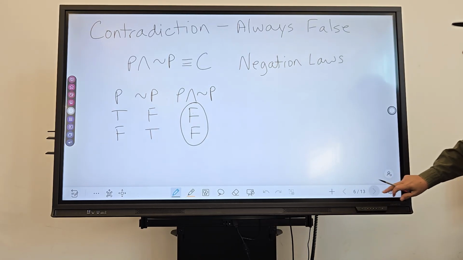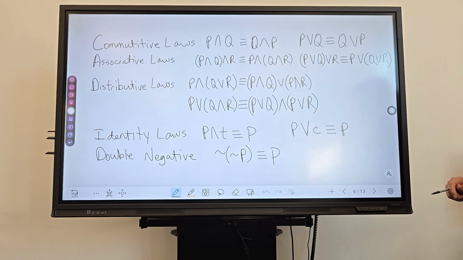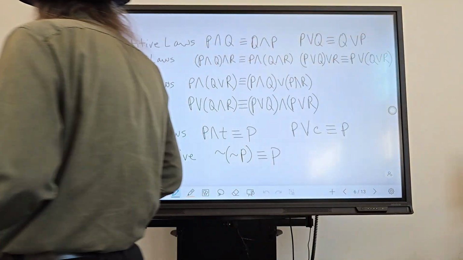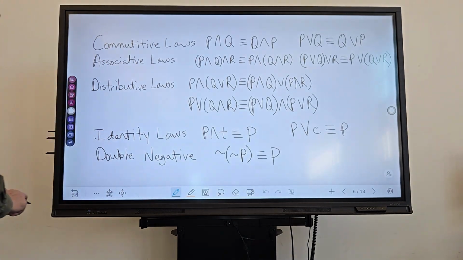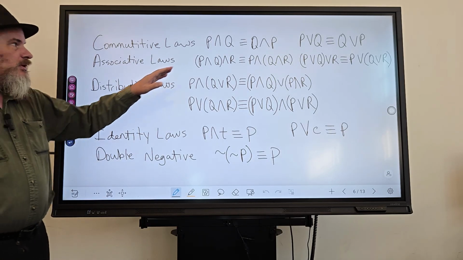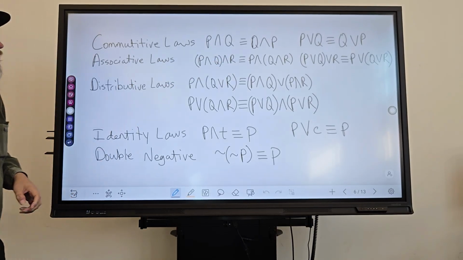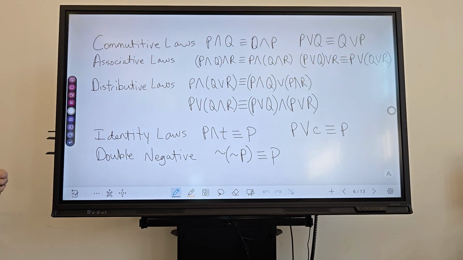And some other laws for manipulating logical statements. The commutative law. It doesn't matter the order in which the statements appear with an AND in between them, they are equivalent.